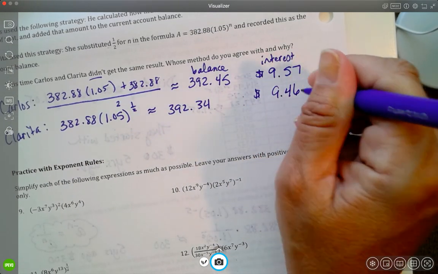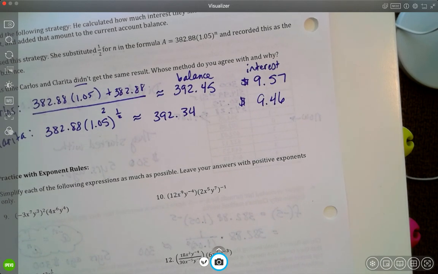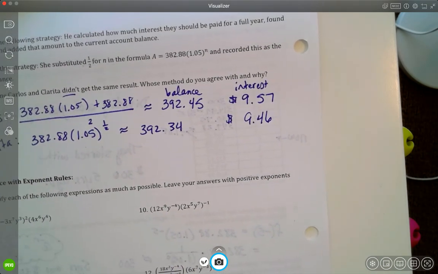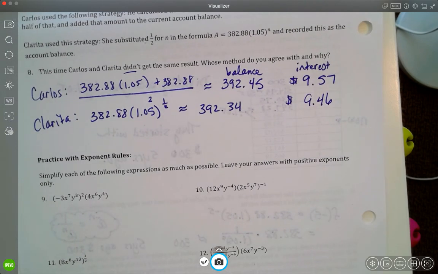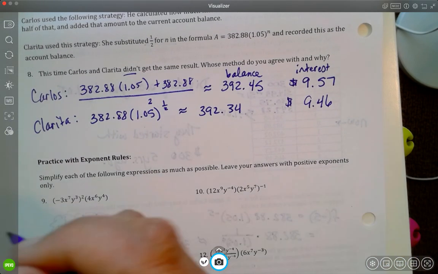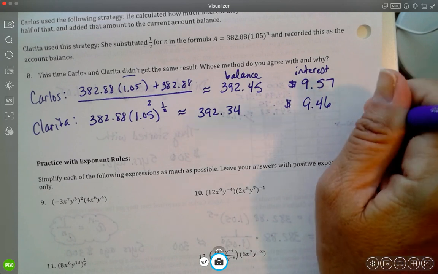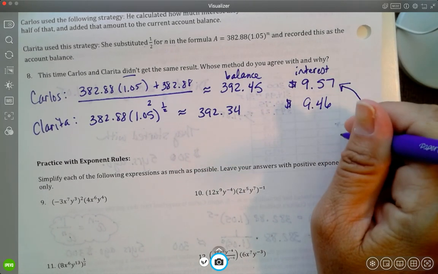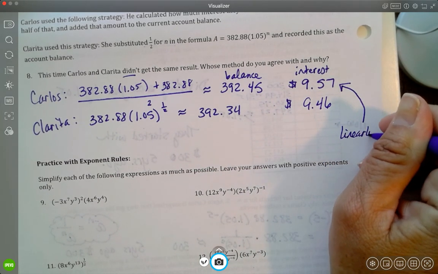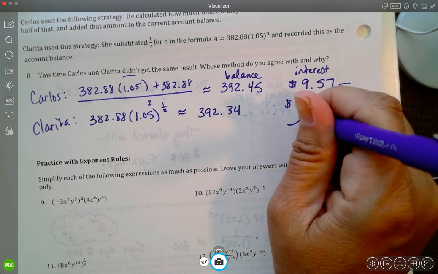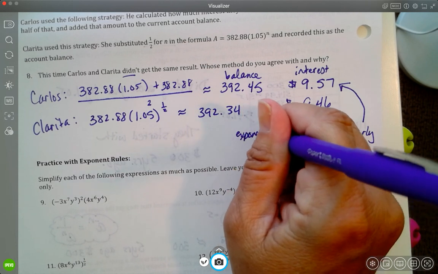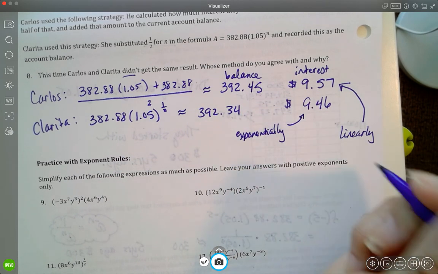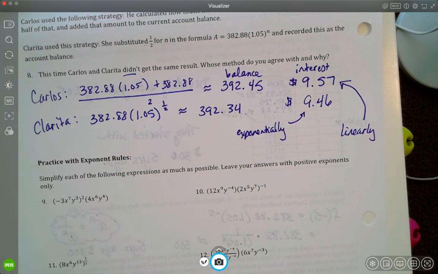So why is it that all their other methods worked and they got the same answer, but this time it's not? Well, it's because Carlos is thinking about it linearly, and Clarita is thinking about it exponentially. So which method would you agree with and why?